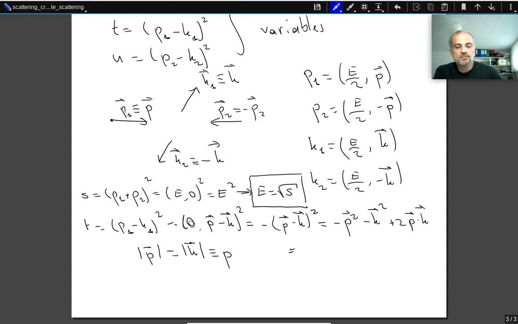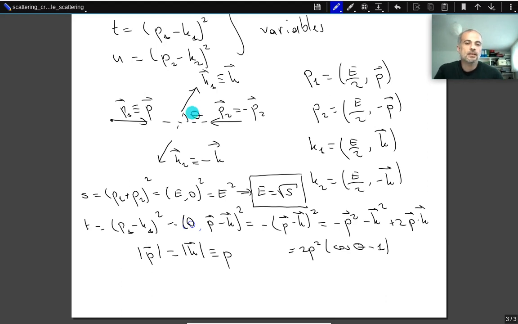So this T becomes 2P squared times (cosine theta minus 1). Note that this angle over here is what we call theta.